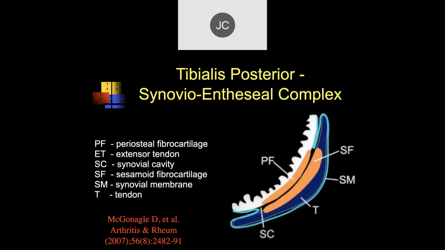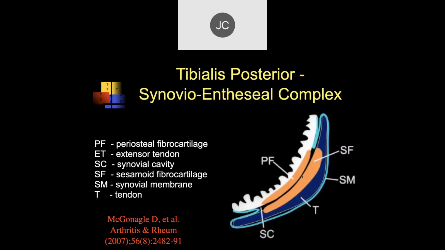You have the bone here. On top of the bone, you have a periosteal fibrocartilage only in the area where you have rubbing between the two, and you end up with a fibrocartilage and also a different biochemical structure of the tendon in this location, so that these can handle rubbing against each other with less injury to the collagen fibers of the tendon.